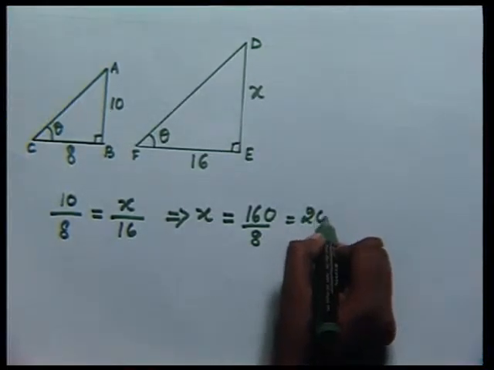Similarly, if there is another right angle triangle having the same base angle, that is theta, then in that triangle also the ratio of the perpendicular to that of the base will be equal to the ratio of the perpendicular to the base of these triangles.